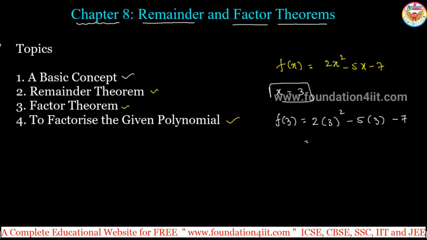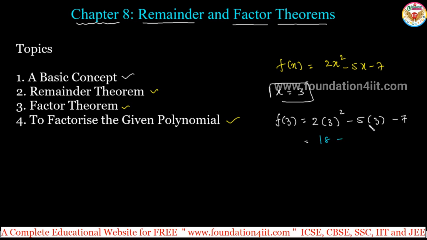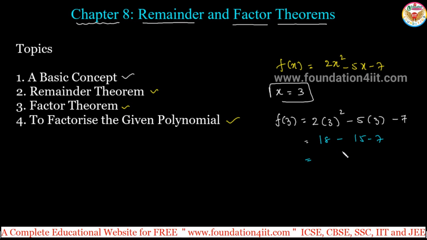We have to simplify this. 3 square is 9, 9 twos are 18, minus 15 minus 7. So 18 minus 15 is 3, and 3 minus 7 is minus 4. So whenever x is equal to 3, the f of x value is minus 4.